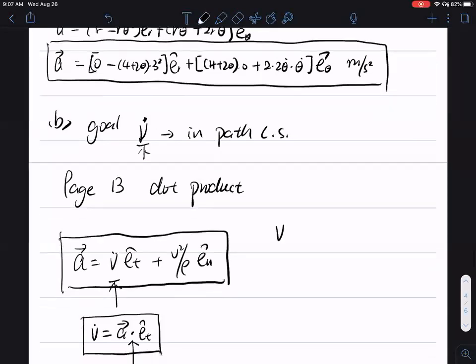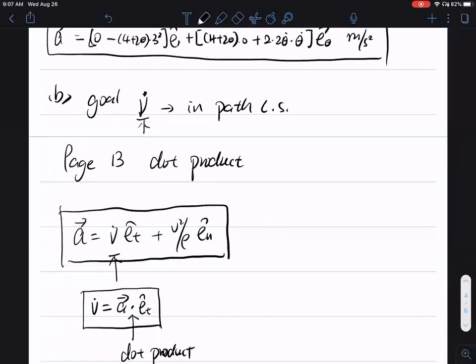Under the path coordinate system, what's the equation for velocity? V equals what? Who can tell me what's the equation? Nobody knows? Just V times e_t.